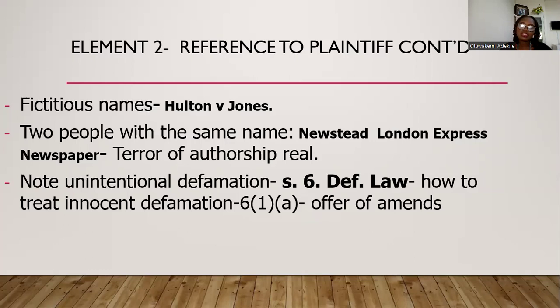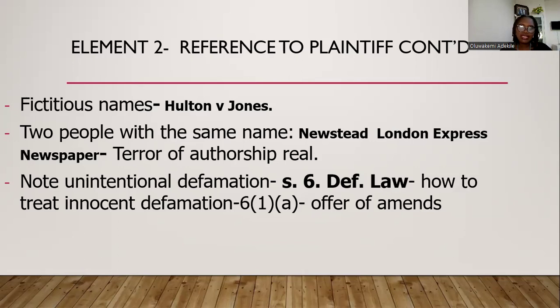But of course, in practice, once it has been brought to the attention of the defendants, the ideal thing is to publish, in the same platform, a retraction to the effect that your attention has been brought to the fact that there's another Newstead, for instance, and it is not meant to refer to that particular person, and what have you. So offer of amends is that kind of a defense. And if that is done, even if the person decides to sue, they cannot really get any significant compensatory damages.